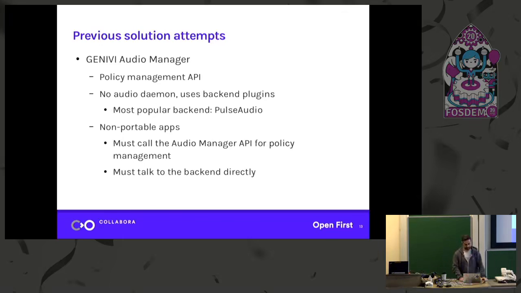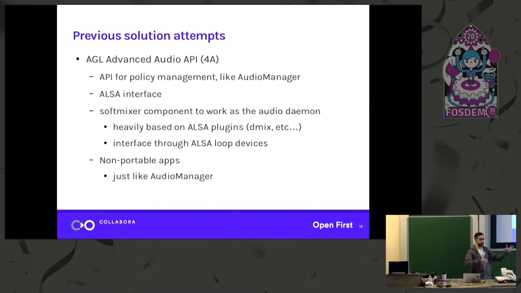And people that have used it generally agree that it's complex and not very nice. And then in AGL, we also had another API called 4A, which tried to solve some of these issues of Audio Manager, but didn't succeed in addressing all of them, and people still didn't like it so much.